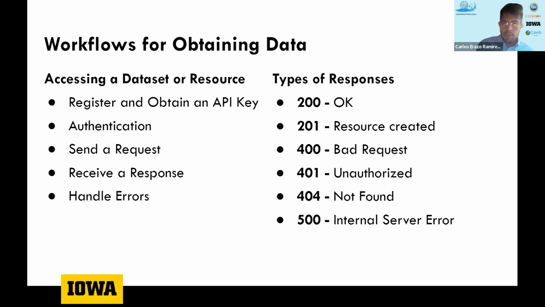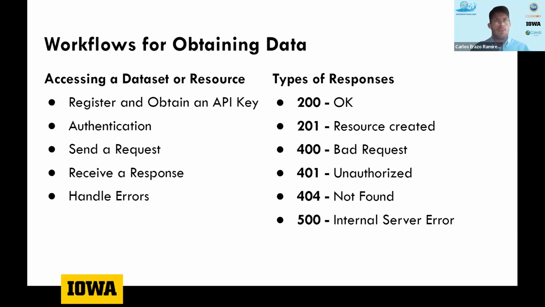So what kind of response are you going to get? This is a standard, the best practice when you're deploying a REST API. The response 200 means that it's okay. 201, the resource has been created, so you're posting, you're putting data somewhere. 400 is a bad request. Probably your authentication layer is bad, or probably the request that you're making was bad. 401 is unauthorized.